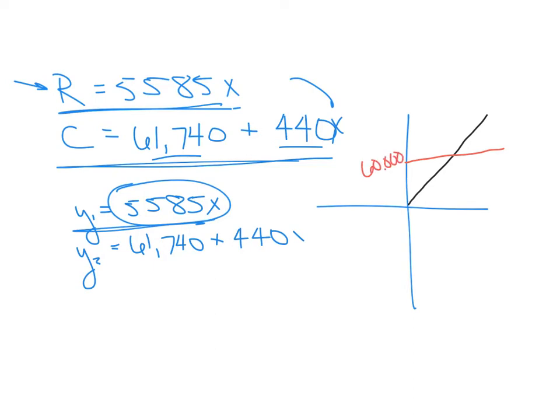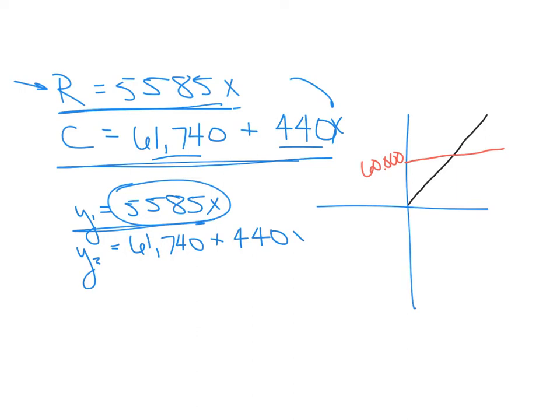The reason that we know that is that even when we've sold nothing, it still costs us $61,740 in order to get ready to produce the product. You've already invested that much money. So where these two lines cross is that break-even point.